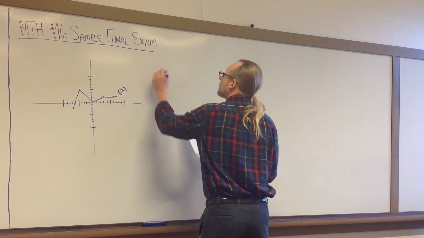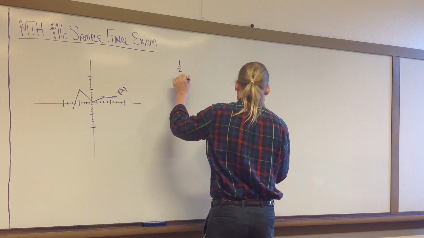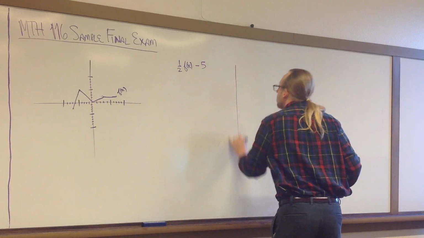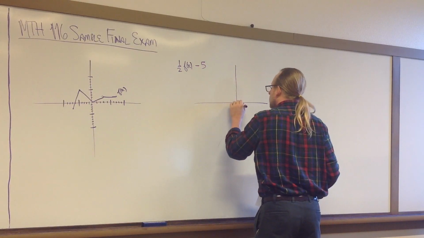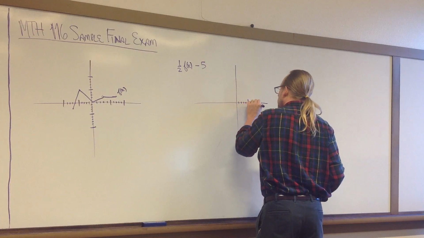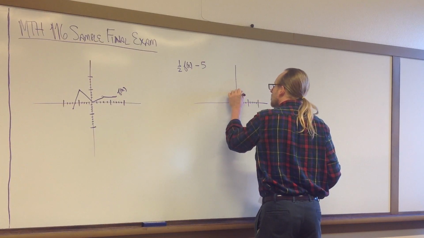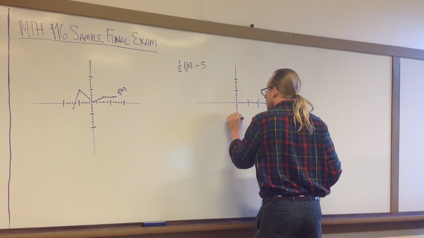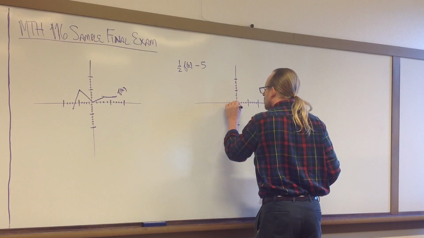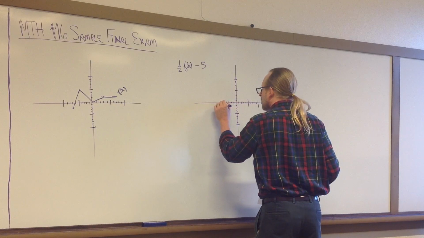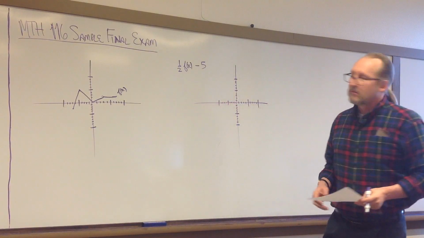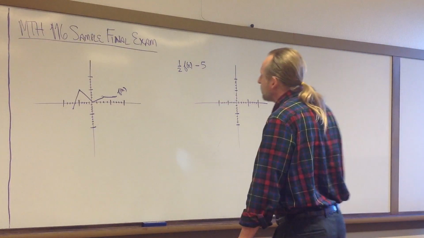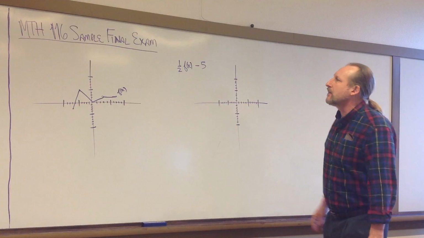And we want 1/2 f of x minus 5. Okay? Alright, so if you look at these transformations, both of these affect the y variables.